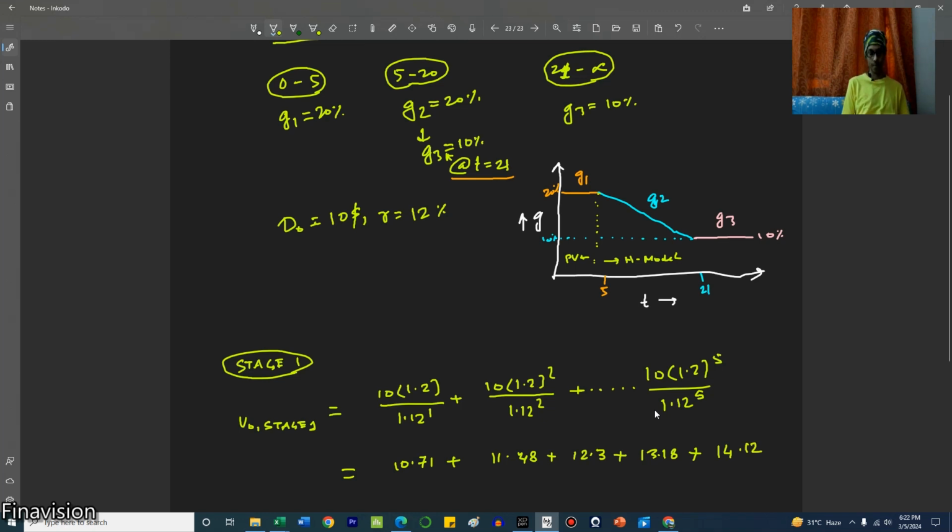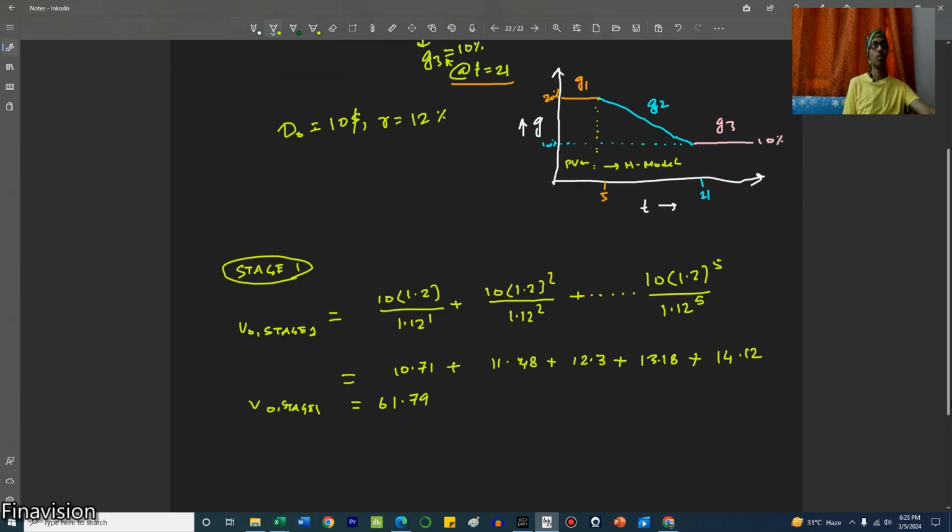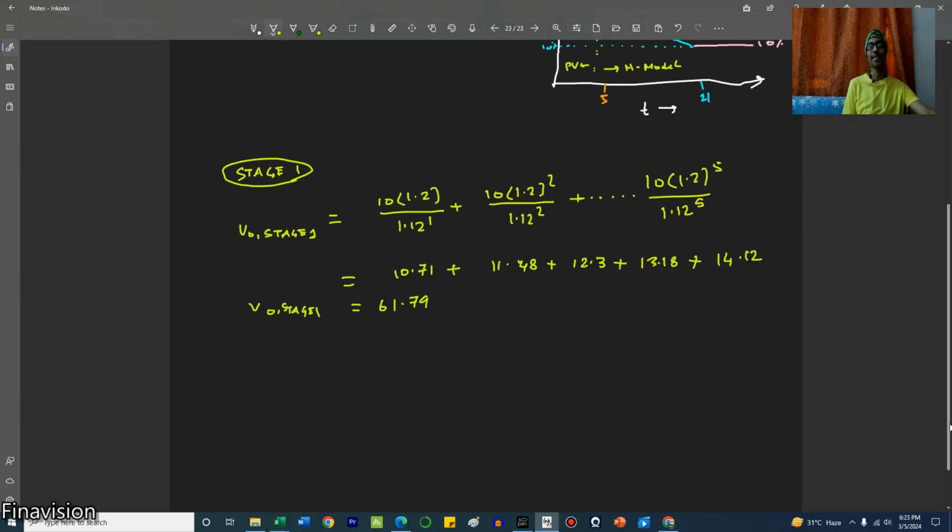We add these up, 14.12 plus 13.18 plus 12.3 plus 11.48 plus 10.71. The total value for this stage 1 is 61.79. So the present value till stage 1 stands at 61.79.